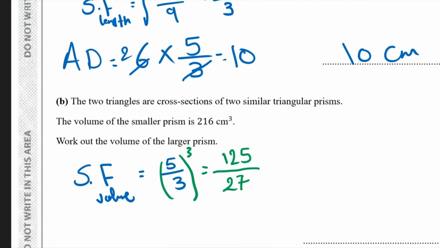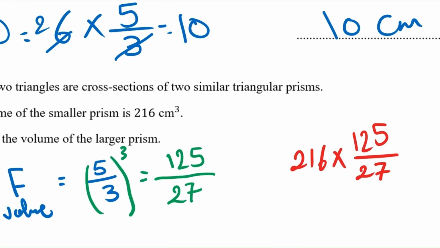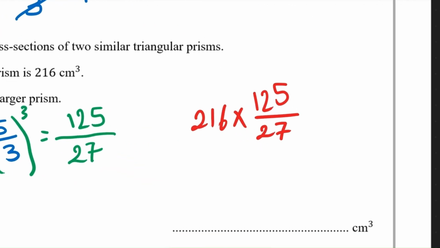So the question says the smaller prism is 216, so 216 times the scale factor, which is 125 over 27. What we need now is to simplify it in an easy and not confusing way.